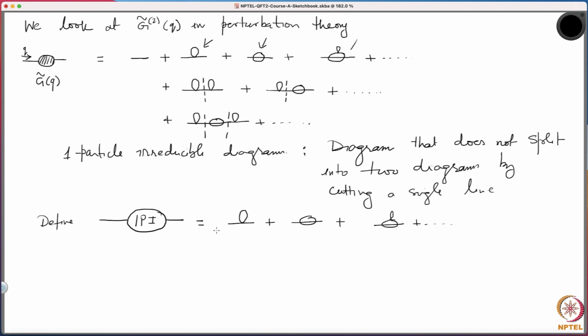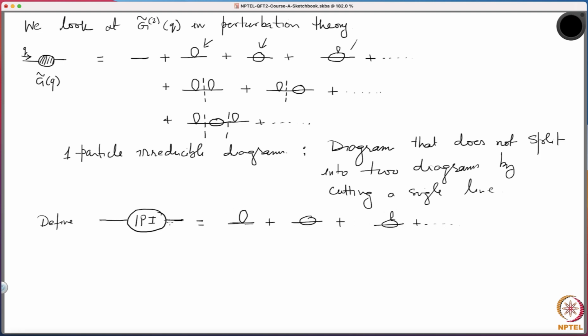But remember, when I am drawing 1PI, these lines, this one and this one, have no propagator factor. When you draw this one, you don't write a propagator for this and a propagator for that. You just write what you get from this loop. Similarly here, you do not write anything for these two ends, but only what you get from these two loops.